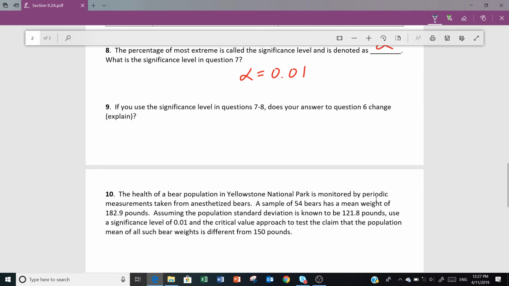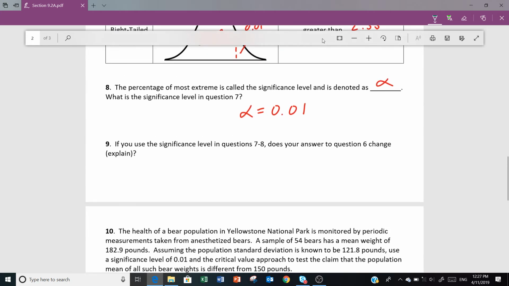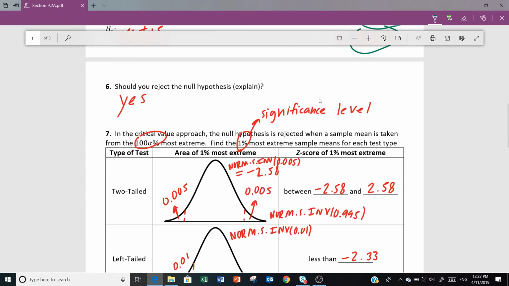Basically, is the 3 an extreme value? The big question is: is a z-score of 3 considered an extreme value? I want us all to write an answer for this.